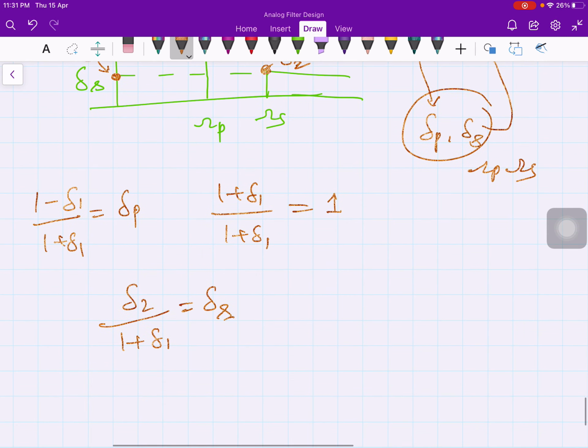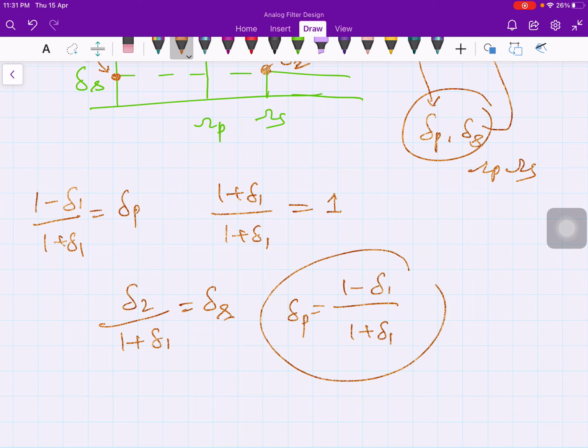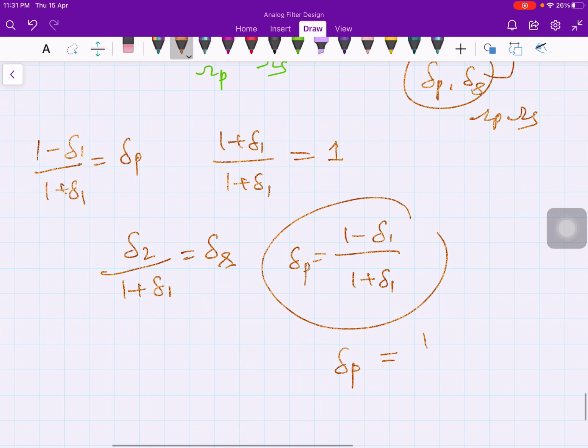So I have two equations. 1 minus delta 1 divided by 1 plus delta 1 is equal to delta P. If you solve this by the componendo and dividendo method, you will get delta 1 equal to 1 minus delta P divided by 1 plus delta P. I beg your pardon, this is delta 1.